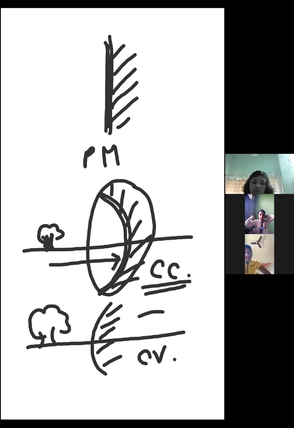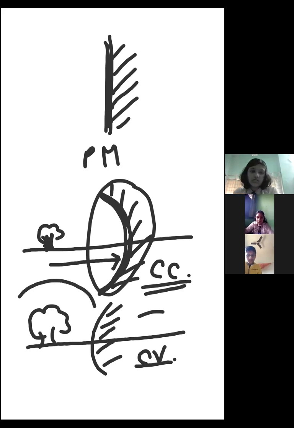So in a concave mirror, whatever you place in front of the engraved side of the mirror will become bigger in size. Similarly, in case of a convex mirror, whatever object you place in front of it will look narrower, it will look smaller. But convex mirrors have a wide range. It can show you the whole area around this tree.